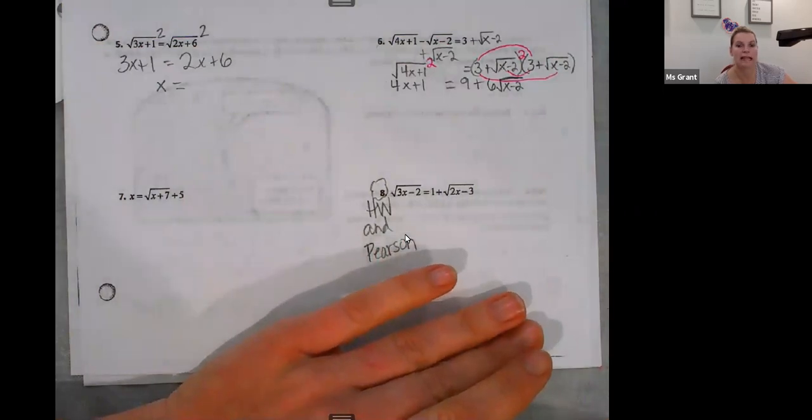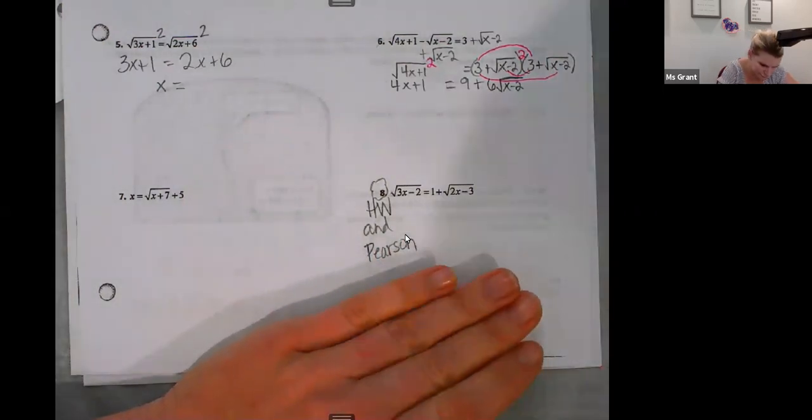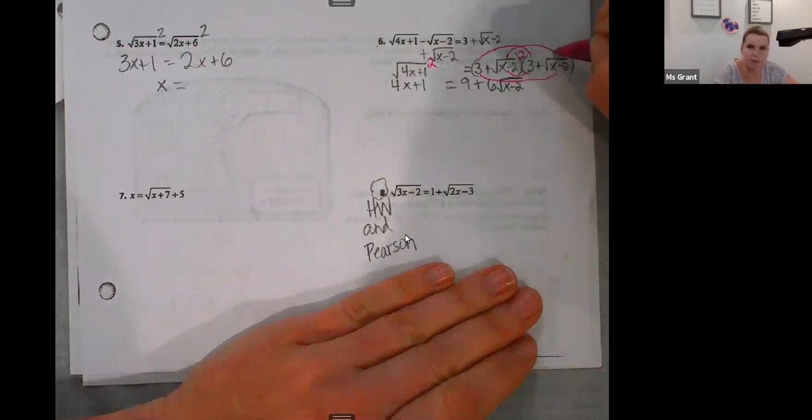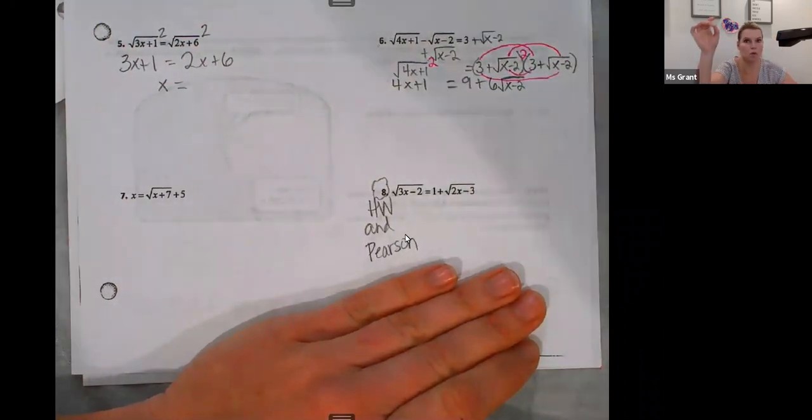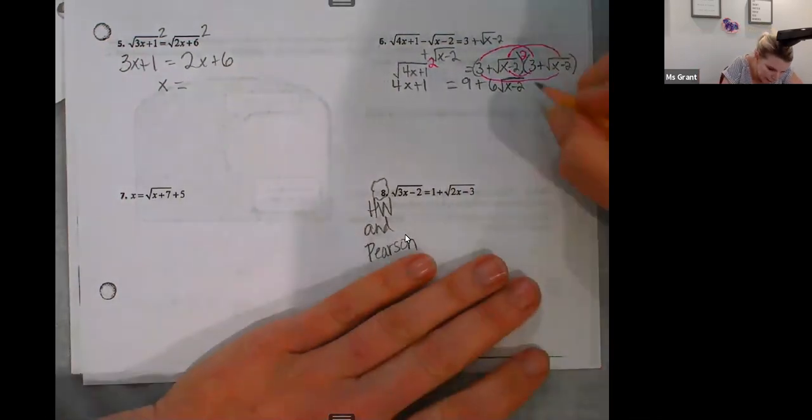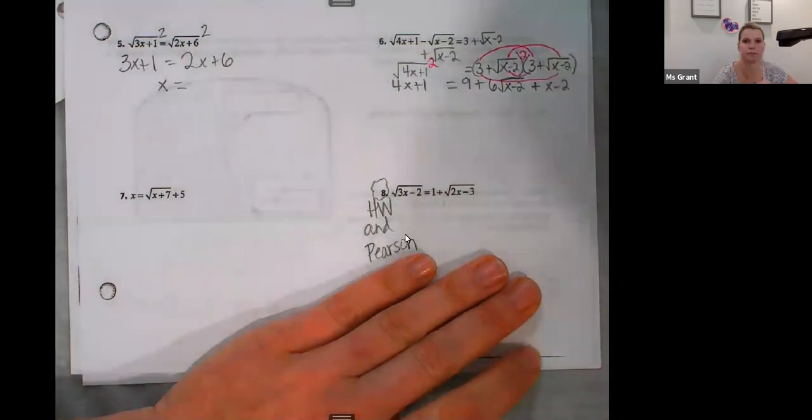Now, last, square root of x minus 2 times square root of x minus 2. Square root of x minus 2 squared, which means the square root and the squared cancel each other out, plus x minus 2.